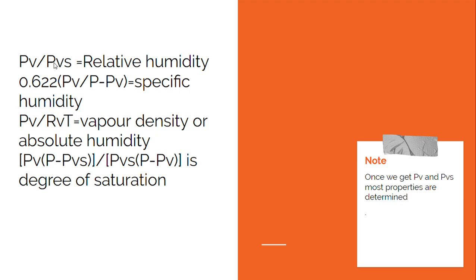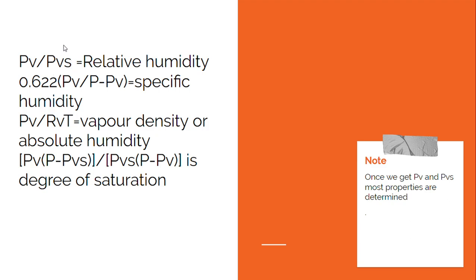So if you record the dry bulb temperature using the thermometer, and refer to the steam tables, the pressure value corresponding to that dry bulb temperature is your PVS.